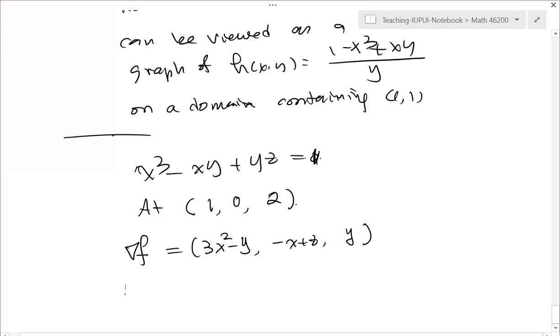So at the point, when x equals 1, y is 0, that's 2 already, great. And when x equals negative 1, z is 2, so it's 1.